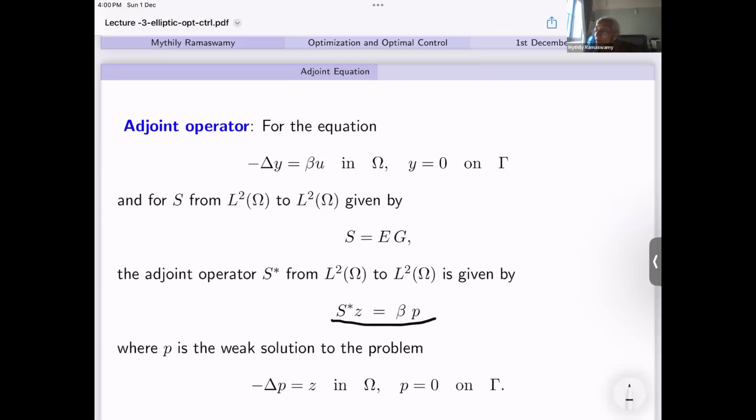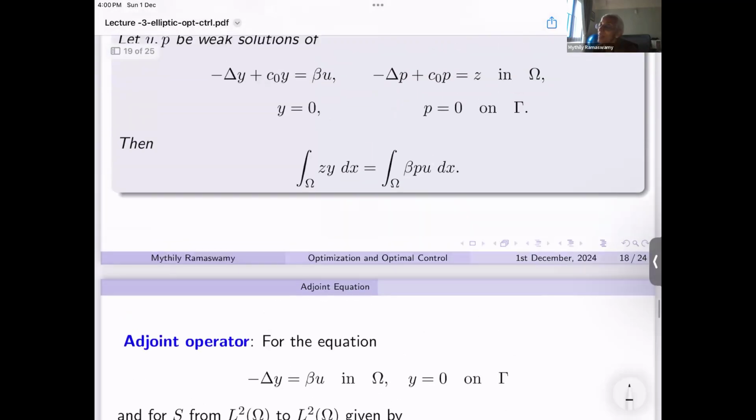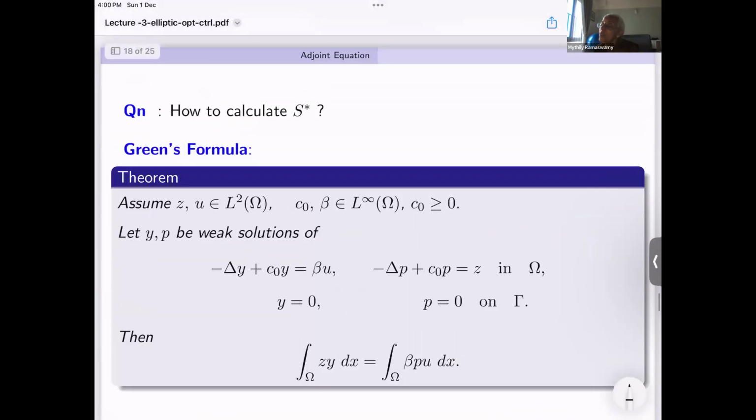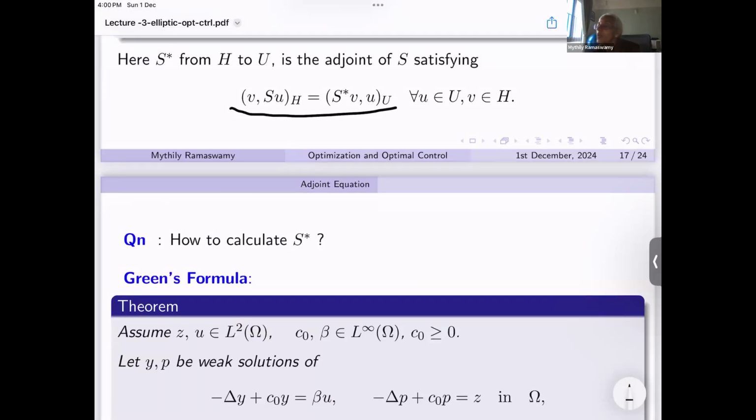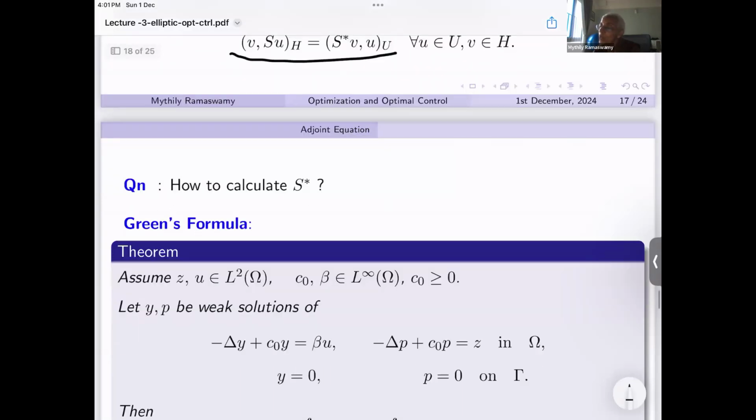Now what you want is the argument that you put on the right hand side. The same philosophy will repeat. Of course, I can compute it from the equation I showed you: the inner product of V and SU is the same as S star V comma U. So that will also help you to compute.